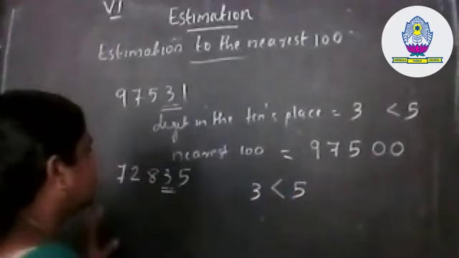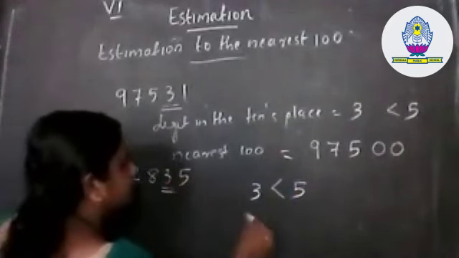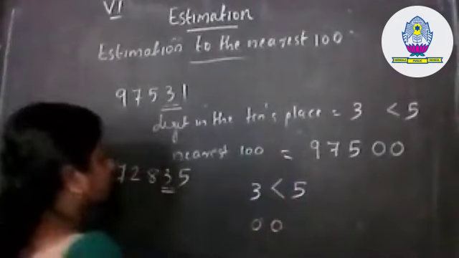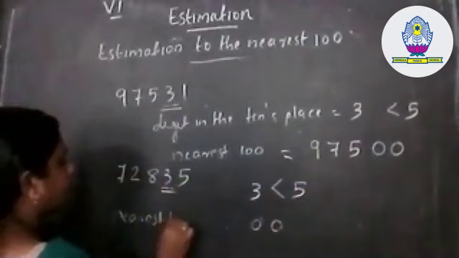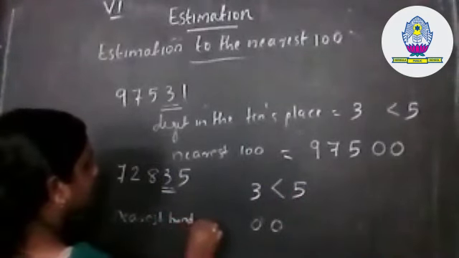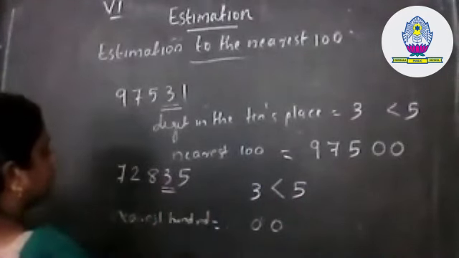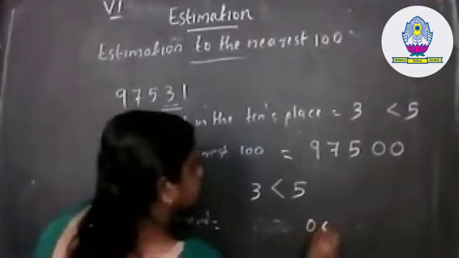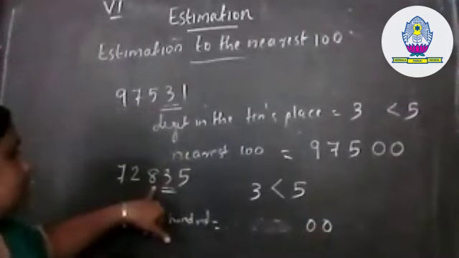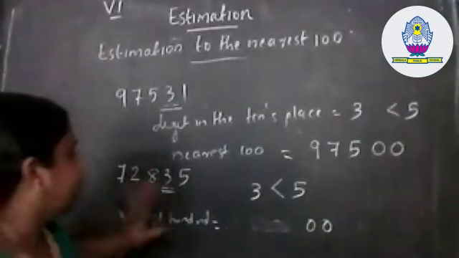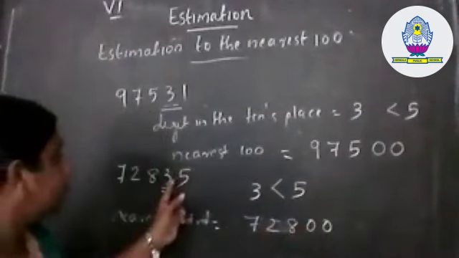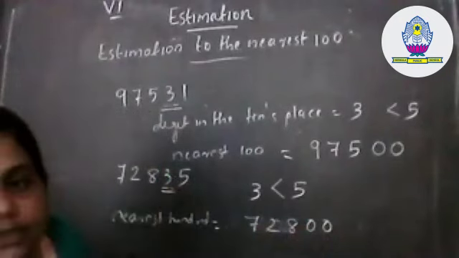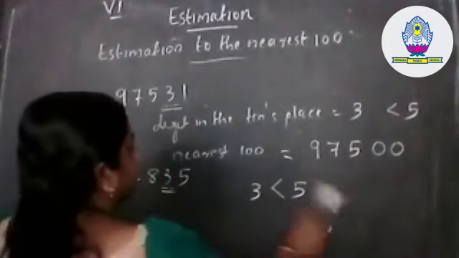So the last two digits become 0. When asked for the nearest 100, the last two digits can always be made 0. Then the last two digits become 0 and the next number, 728, is itself. That is the examples of the nearest 100.